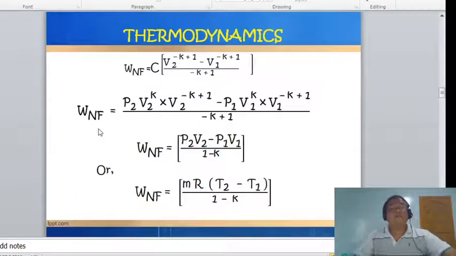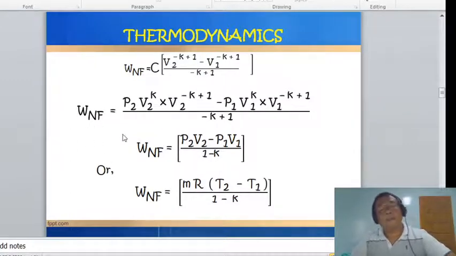Or simply, PB is equal to MRT. We substitute also PB equals MR multiplied by the change in temperature over 1 minus k. I think, class, it is very clear to everybody.